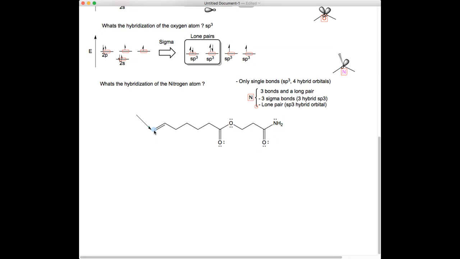In this double bond, how many sigma bonds do we have? How many bonds are sigma in the double bond? 1 is sigma. And the second one is what? So whenever we have a double bond, one bond is going to be sigma and the second one is going to be pi. Correct. So one bond is going to be sigma. I'm going to write it over here.